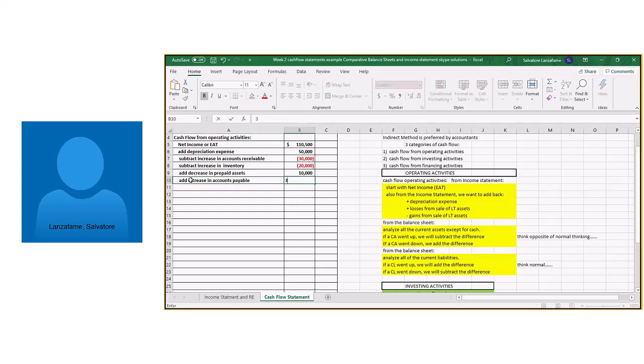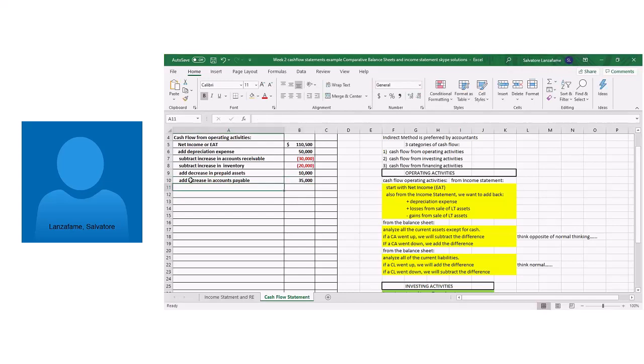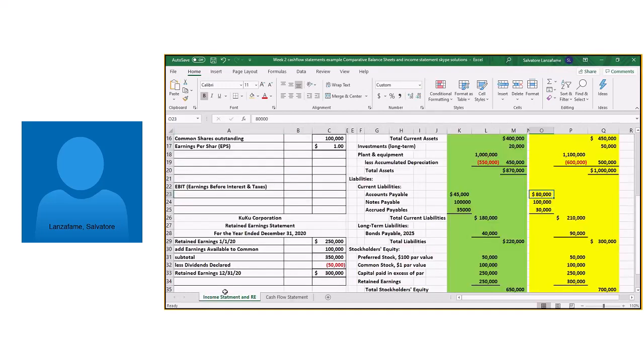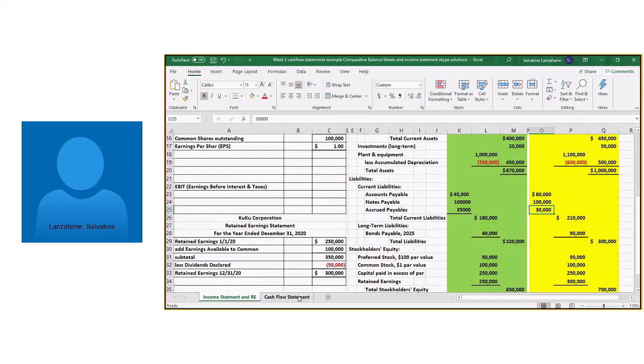And that was for $35,000. The next current liability was notes payable. It was 100, ended with 100. It's a wash. We can just ignore that. Accrued payables, that would be like wages payable, as an example, interest payable. It went from 35 down to 30. So we had a decrease of $5,000. So that means we are going to subtract.